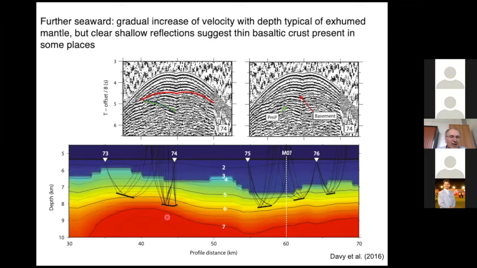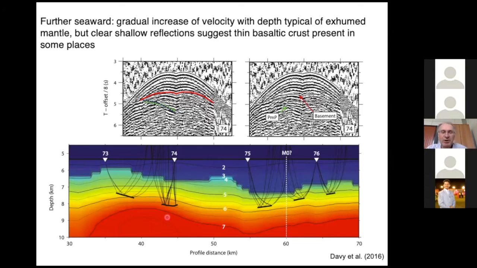We didn't really find something that looks like a conventional PMP, but we did find quite a strong reflector, so it could be the base of the crust, but just 1 to 2 kilometers below the top of basement, so very shallow.